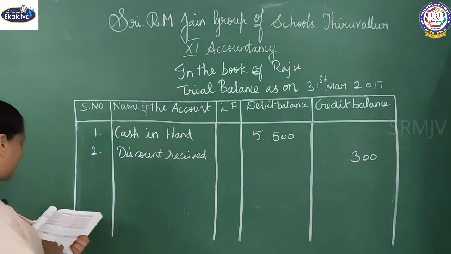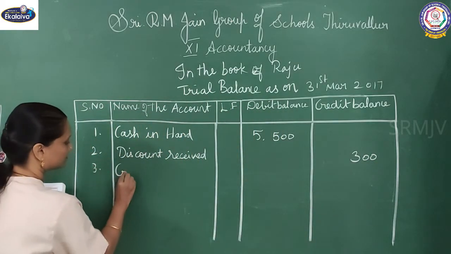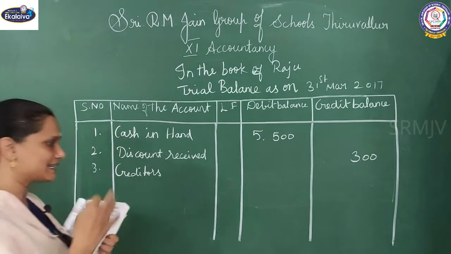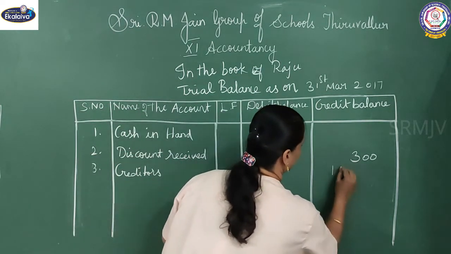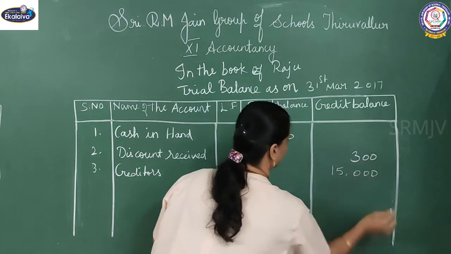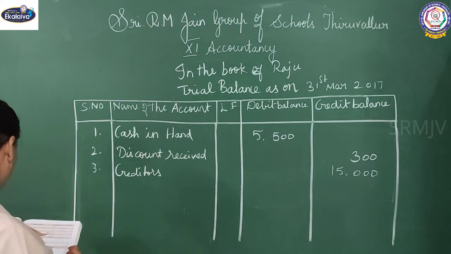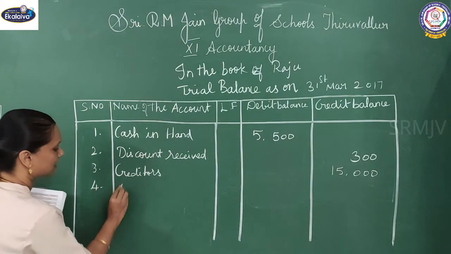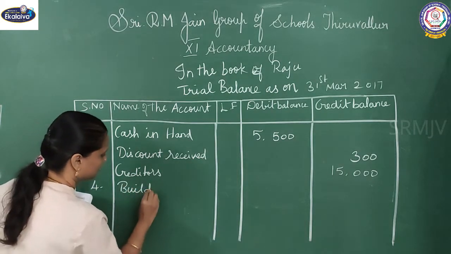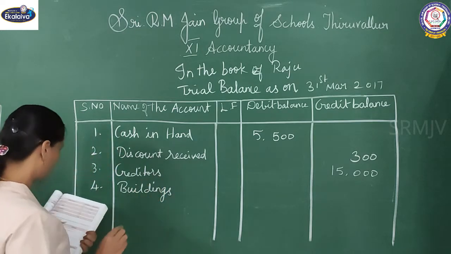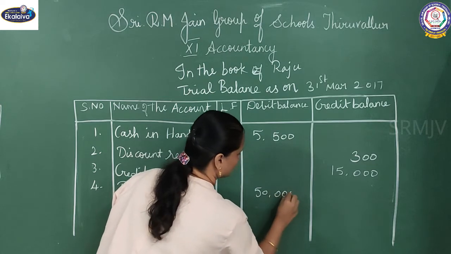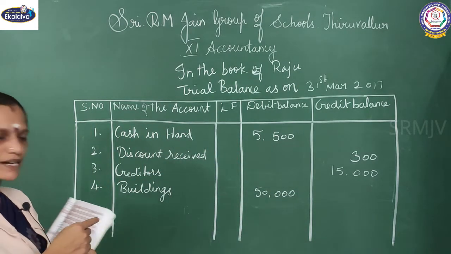Okay, and then creditors. Creditors already they have given, it should be on the credit side. And then buildings. So building is also an asset. So you have to write buildings. Buildings, how much? 50,000. How am I entering? Do you understand, children?